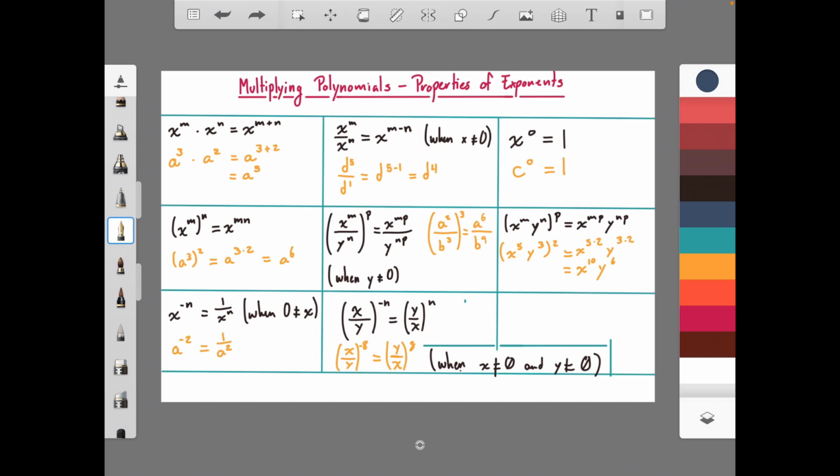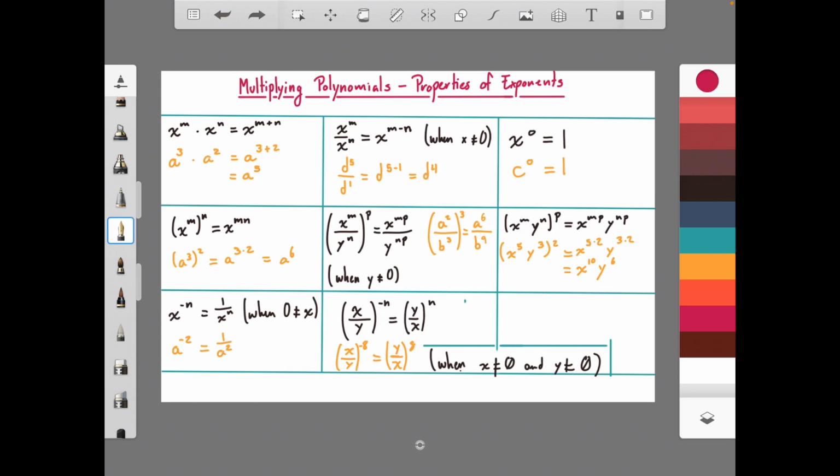Okay, now this one down here says that x to the negative n power is going to be equal to 1 divided by x to the positive n power. So this one is very useful when we have negative exponents, which, as we know from the introduction to polynomials video, we cannot have when we are multiplying polynomials or making any operation that involves polynomials, right?